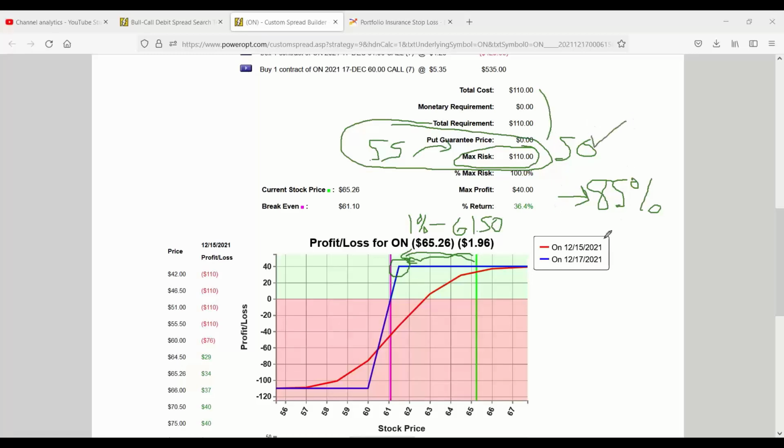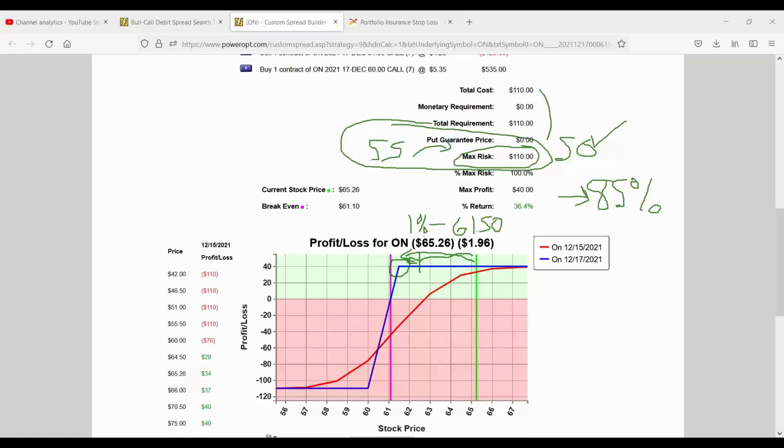But I'm also going to want to control the losses by using a stop. The 1% rule is a trigger when I'm going to start considering what I could do to manage the position, Lisa, make an adjustment, or exit the position if I feel that the stock is no longer going in the direction I want for the sentiment, in this case, of a bull call debit spread or a bull put credit spread.